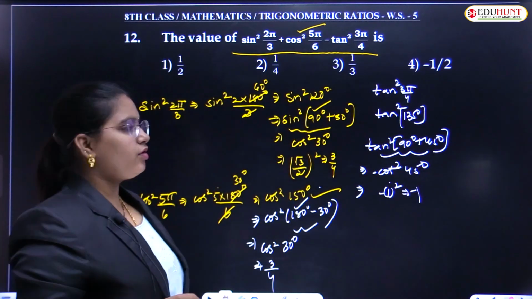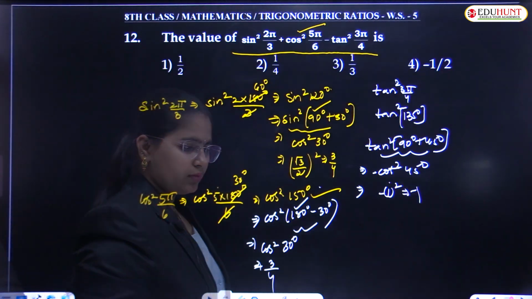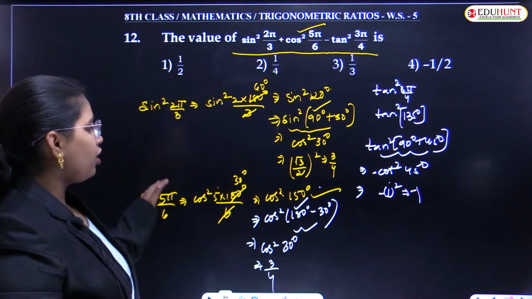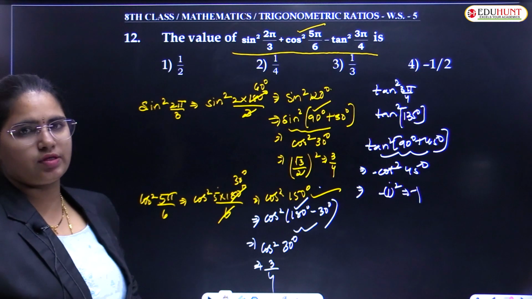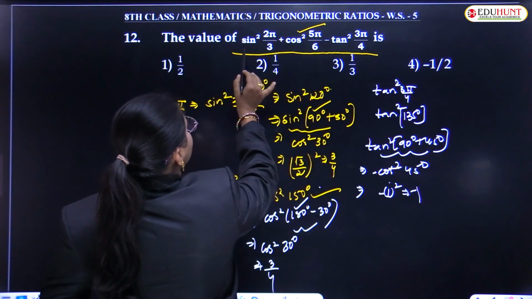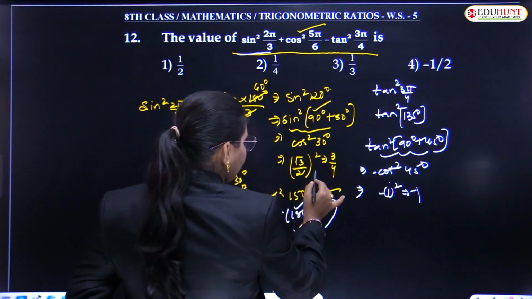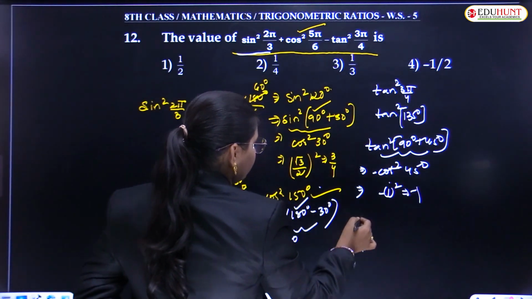Understood? Am I clear with all these things? Just go through it once. So all these things we will substitute in this. What is the value of sine square 2 pi by 3? It is 3 by 4. Correct?